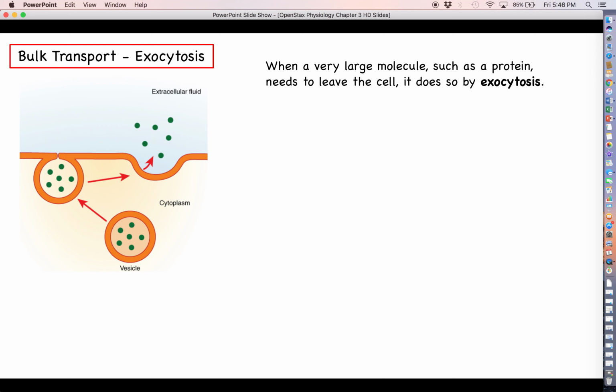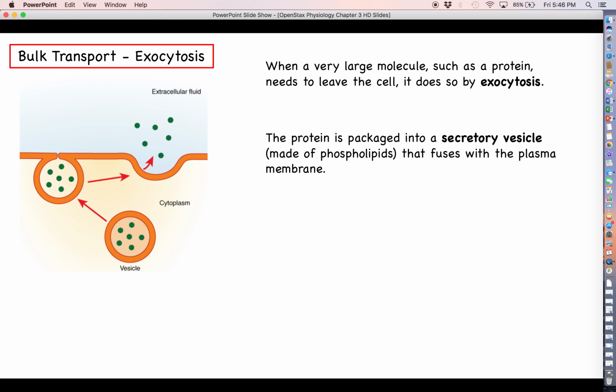So when a very large molecule like a protein needs to leave the cell, it does so through a process called exocytosis. Exo means basically exit, so if a protein is leaving or exiting the cell, think exocytosis.